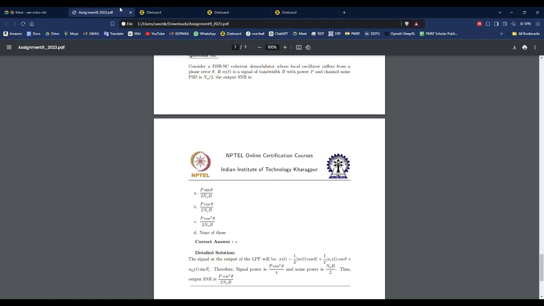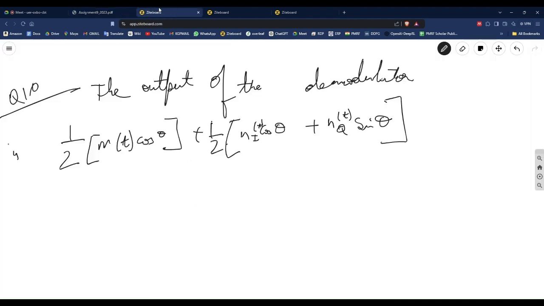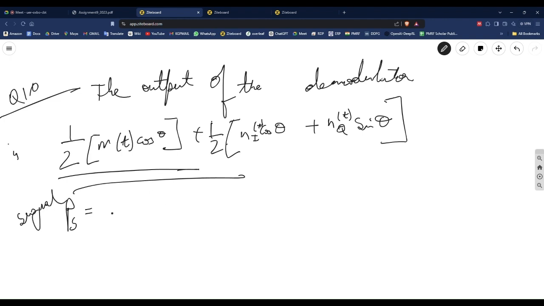Now the signal power. Signal is this part. Therefore PS is cos square theta. Let the power of the signal be P, so P cos square theta by 4.